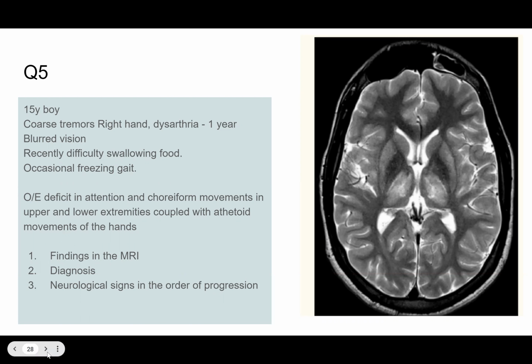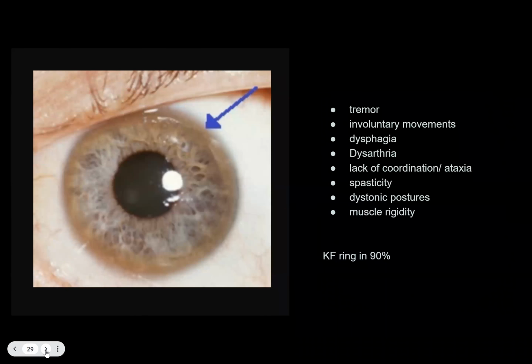Diagnosis, neurological signs in the order of progression. So half of it I've already given in the question. Sometimes it will be MRI and this image will be given. So this is the order: tremor, involuntary movements, dysphagia, dysarthria, and along with dysarthria, lack of coordination or gait disturbances.